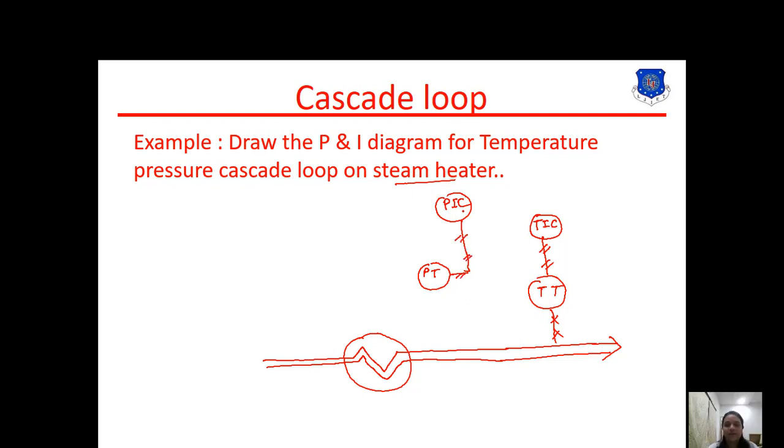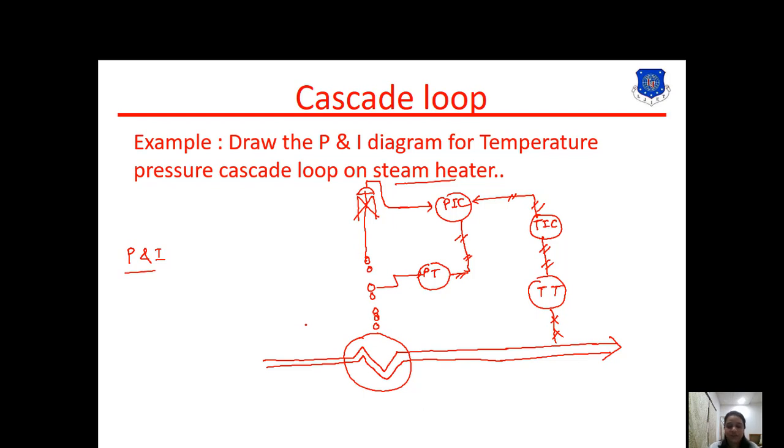It is controlled by the PIC, and it is connected to the secondary loop, and the secondary loop input is the temperature, and here one valve is connected to control this process. So this is the symbol of the valve, and this connection is connected to the pressure transmitter as well as the steam heater of the system. So this is the P and I process and instrumentation diagram of the temperature pressure cascade loop.